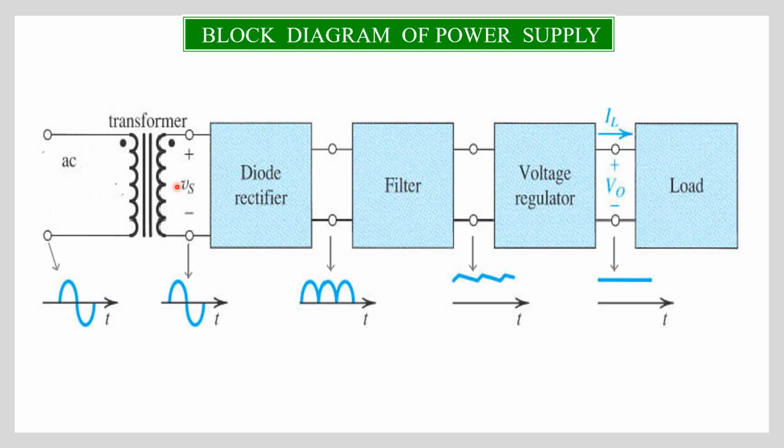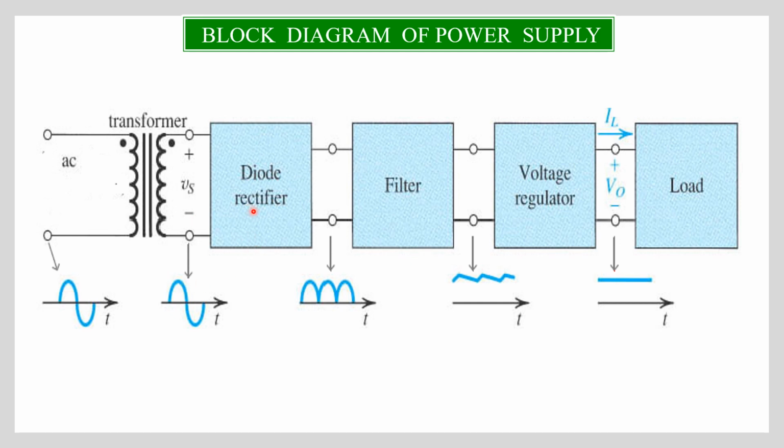If the number of turns in the secondary is more than in the primary, the output voltage across the secondary will be higher. But if the secondary has fewer turns than the primary, then the output voltage across the secondary will be lower. Clear? So the transformer is just used to either increase or decrease the AC voltage.